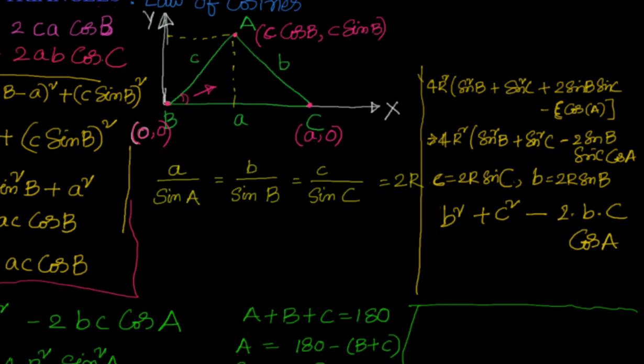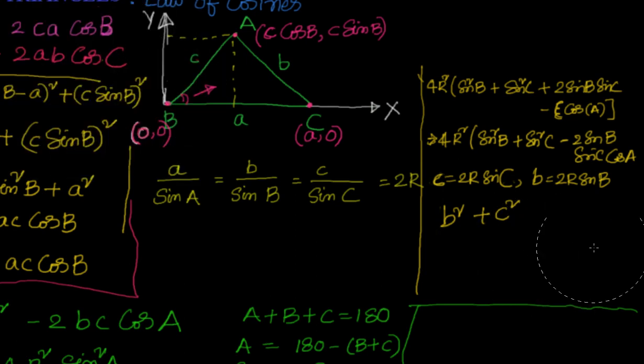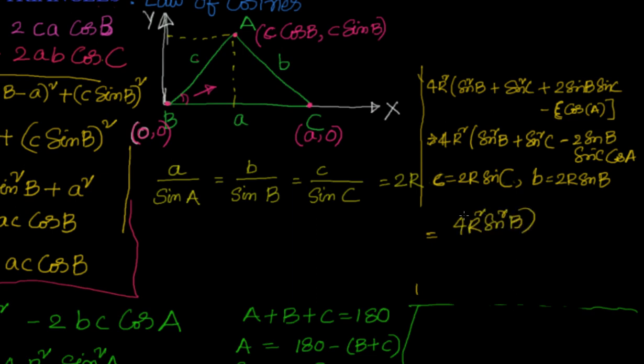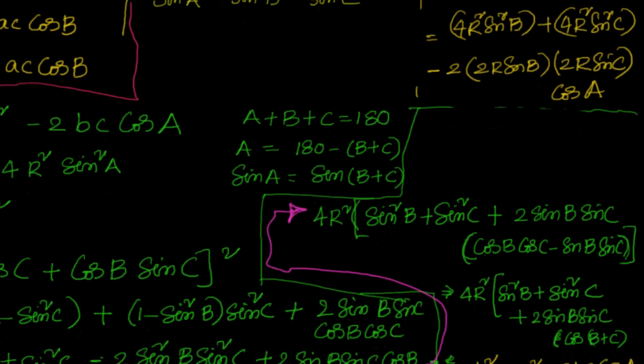If you think there also we are missing one step, I can put that step directly so that you can check it. What we can do now, I can say 4R square sin square B plus 4R square sin square C minus 2 into 2R sin B into 2R sin C into cos A. After this, you will have the last step.